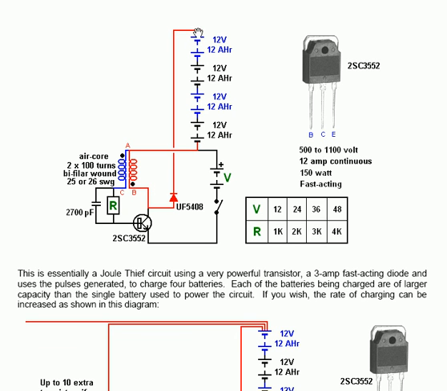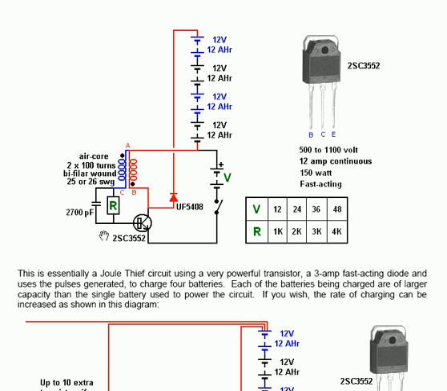The voltage on the battery driving the circuit is marked at V. If V is 12 volts, then the resistor R will be a 1K resistor. If V is 24 volts, then R will be a 2K resistor. With 36 volts, it's 3K resistor, and so on. So there's a 1K for every 12 volts in the drive battery.